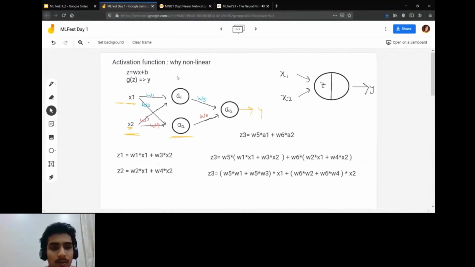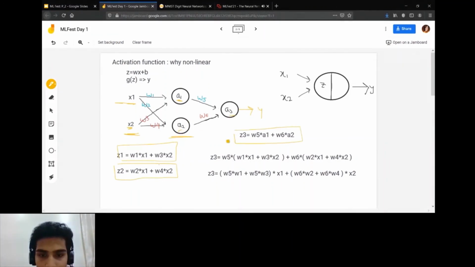Now we'll consider a case where we are not including any non-linear function. So we calculated z1, which is the output of a1. Then we calculated z2, the output of a2, and a3's output, which is z3. For a3 its inputs will be a1 and a2.